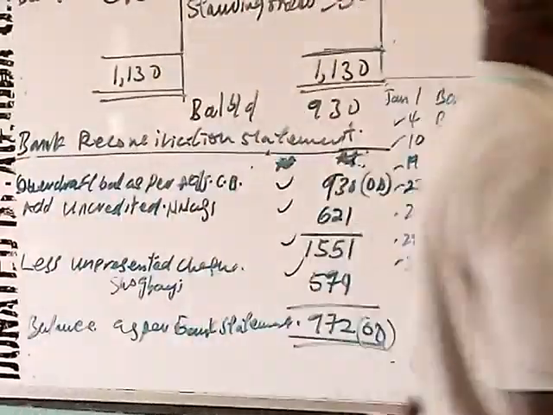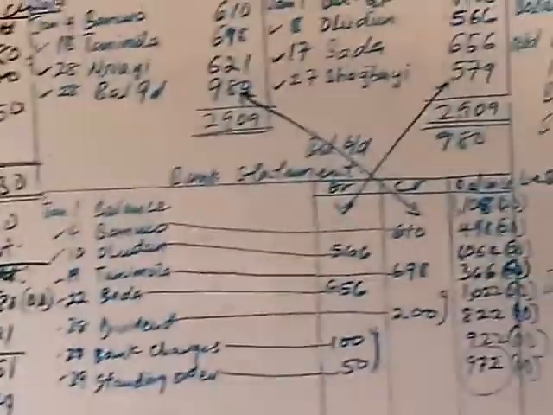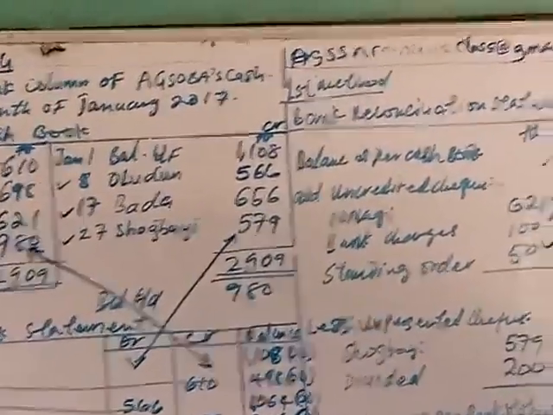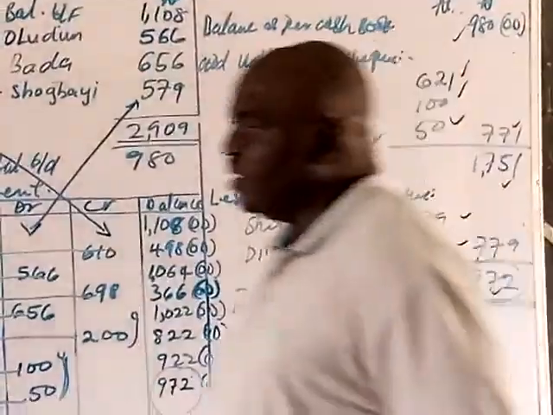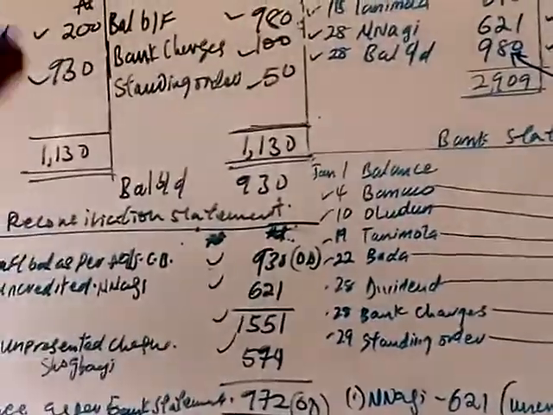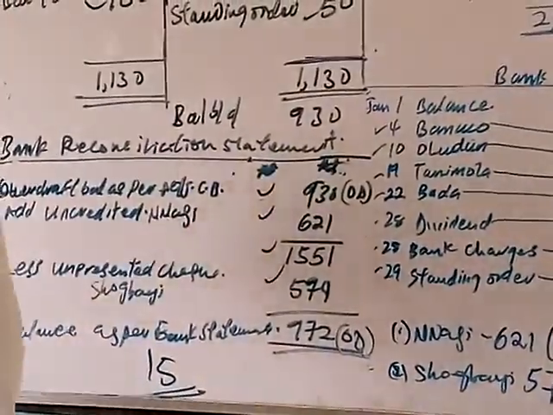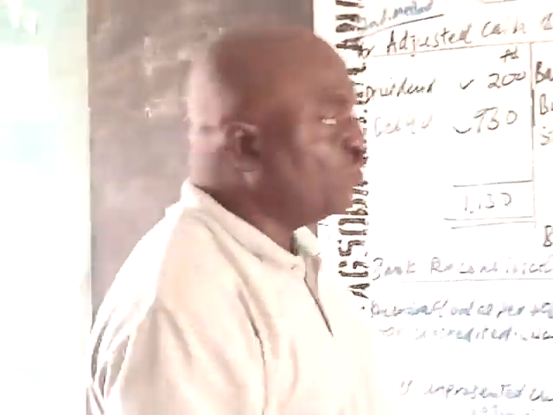Now, the examiner, majorly in WAEC, if you are asked to prepare the bank reconciliation statement, this one will give us 15 marks. And this is also the second method. If you are asked to prepare the adjusted cash book, it will also give you 15 marks, depending on what the examiner wants us to do.